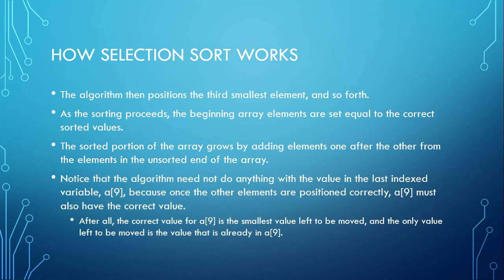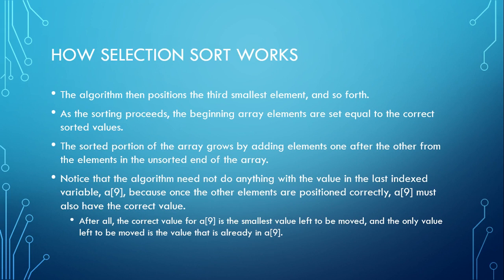Now you'll notice that with this algorithm, it does not need to do anything with the value of the last index variable, A of 9. So after it sorts A of 8 with A of 9, it can get to A of 9 and say, wait a minute, this is the last value in the array. Because all the other elements have been positioned correctly, A of 9 has to have the correct value because it's the last one.